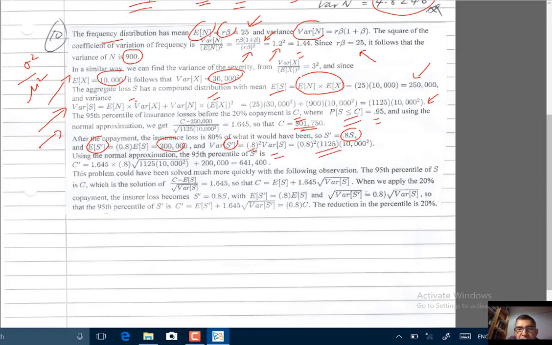Using the normal approximation, the 95th percentile of S prime is this C prime here, which is 641,400. When you clean up the numbers, you will get a reduction of 20%. That's why the correct response is C.